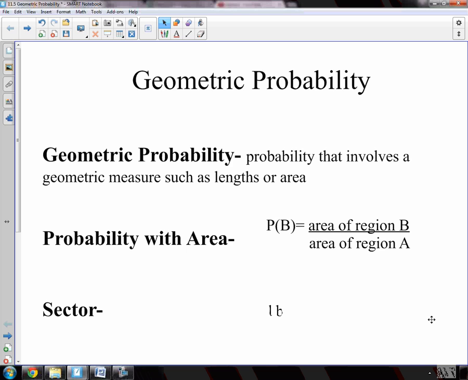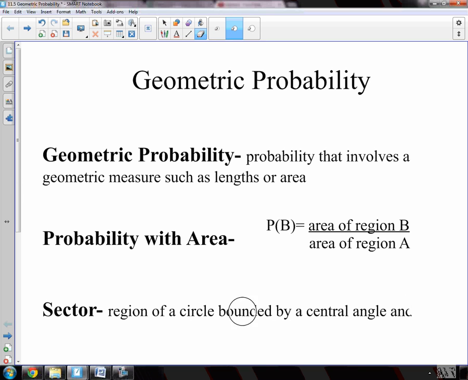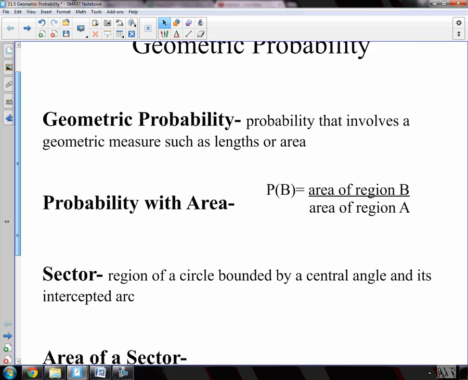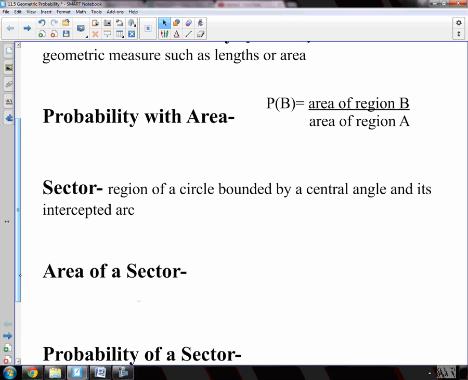Has anyone heard of a sector before? Do you know what it is? Sector: a region of a circle bounded by a central angle and its intercepted arc.